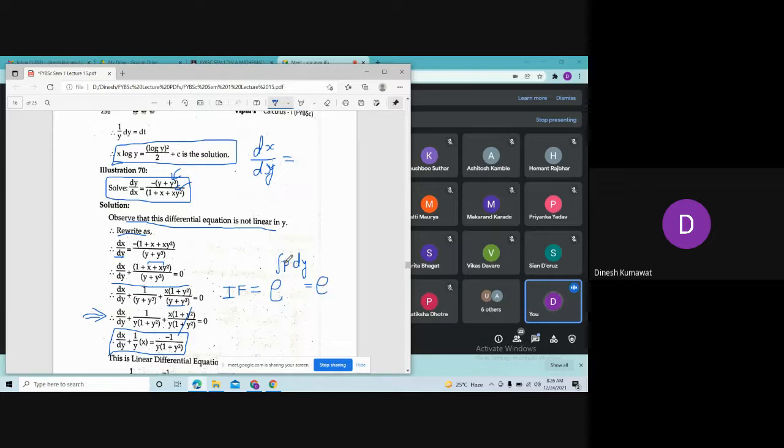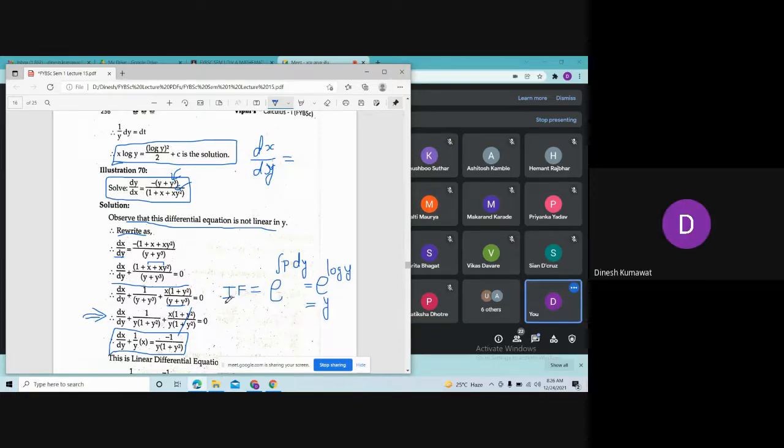Just put p is equals to 1 by y and tell me what is the integration of dy upon y. So log y. So what is the answer of integrating factor? So y. Okay.